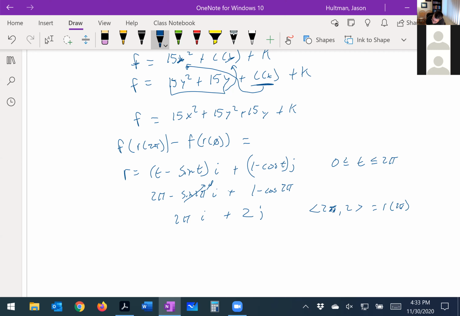And then what's r of 0? Well, that's just 0. Sine of 0 is 0. Cosine of 0 is 1, so the whole thing goes to 0.